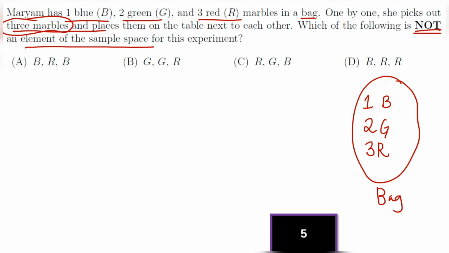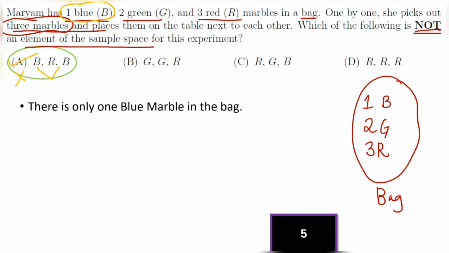But if you look at the question, it's very easy to understand that there is only 1 blue. So this case where you have 2 blue is not possible. So we need not go further to check other options and we know our answer is going to be A. This is not possible since there is only 1 blue ball. So that's the correct one. There is only 1 blue marble in the bag.